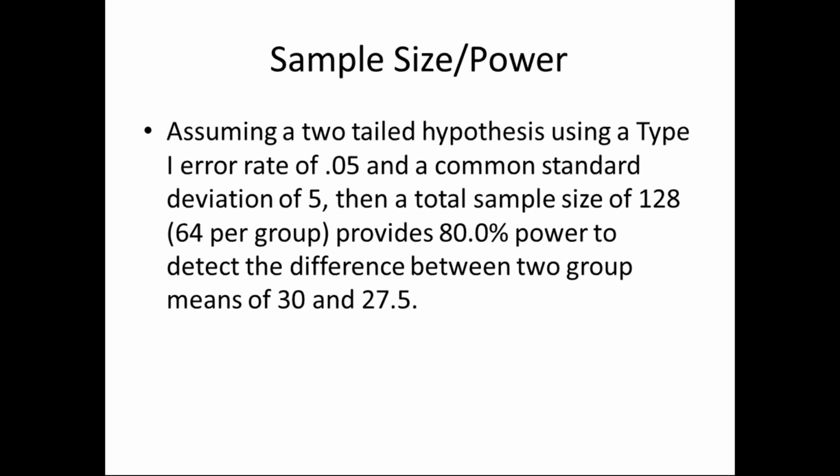Assuming a two-tailed hypothesis, now we say, all right, if we've got to have 2.5 as our clinically relevant, you're not getting by with 30 and 30. You're getting by with 64 and 64. That's the sample size I would need to get 2.5 and 80% power, assuming a standard deviation of 5 and a type 1 error rate of 0.05, two-tailed. Okay?